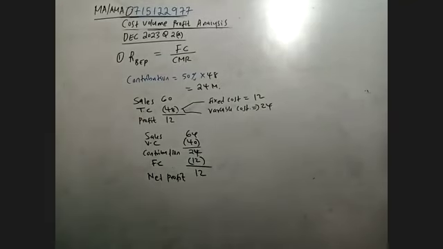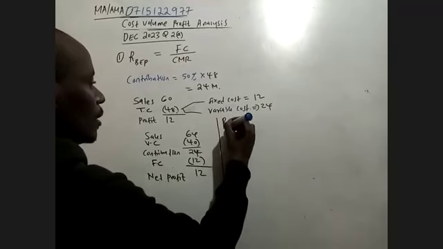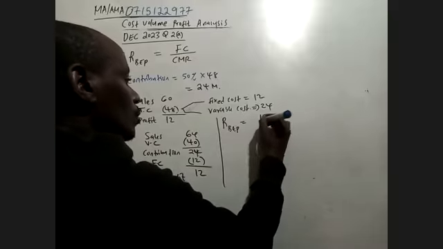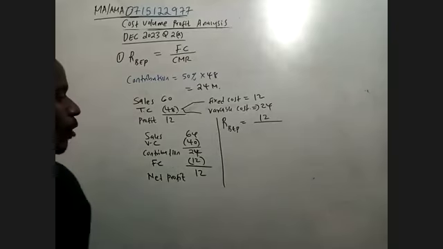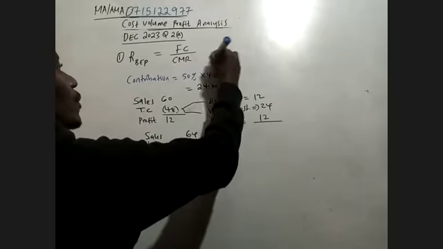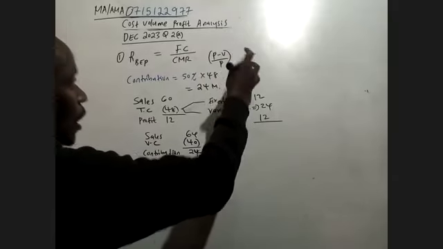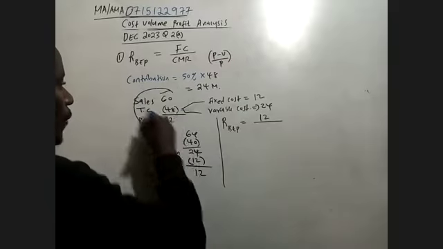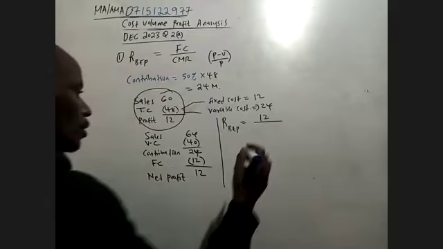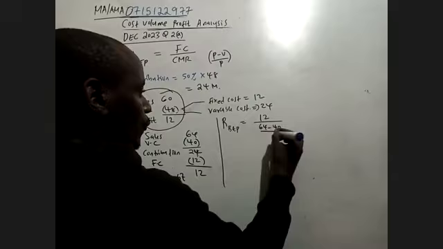Now that we know that, we write RBEP will be equal to fixed cost 12 million over CMR. Remember, CMR is P minus V over P. Now, because it's supposed to be in units, everything will cancel out. Let us see if it will cancel out. 64 minus 40 over 64.